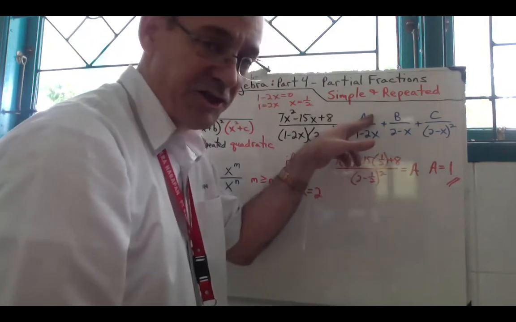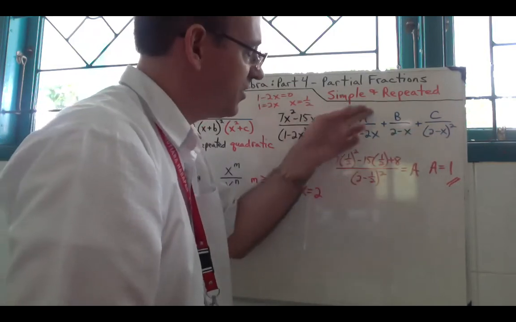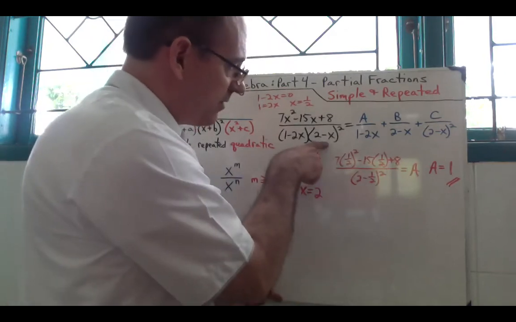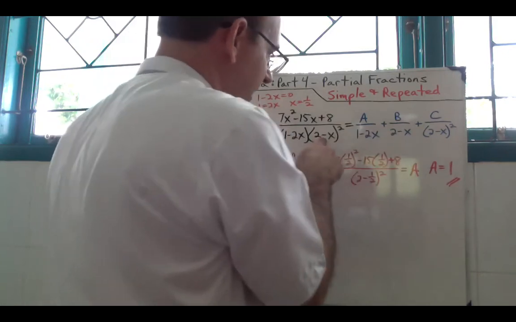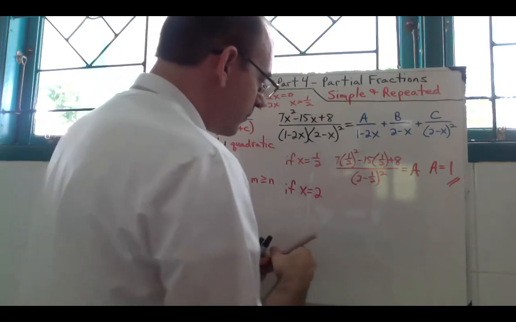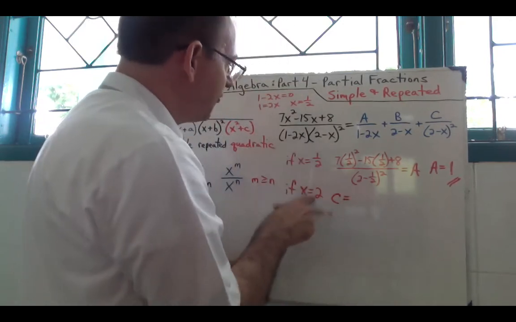Both of them are on top here. Well, a 0 squared is still 0, so this cancels out. And what we're left with is this over here, and this one, remember, canceled out because we're multiplying by the 2 minus x squared. So we're only left with these and this one here. So our C equals, and we're plugging in a 2.